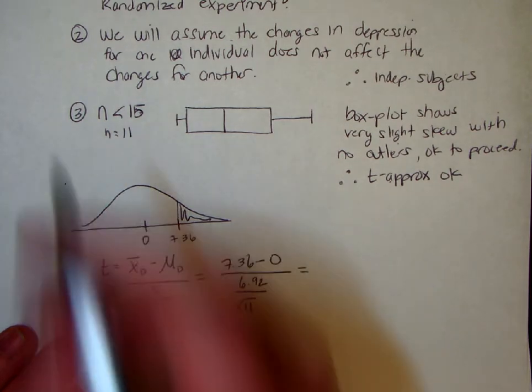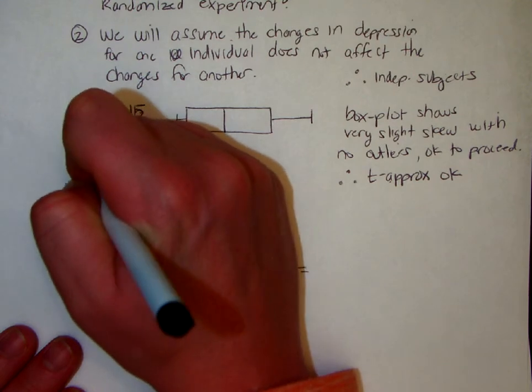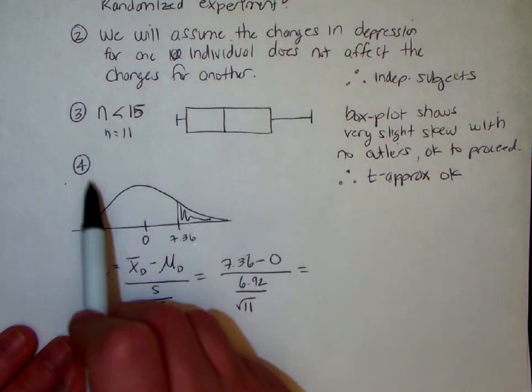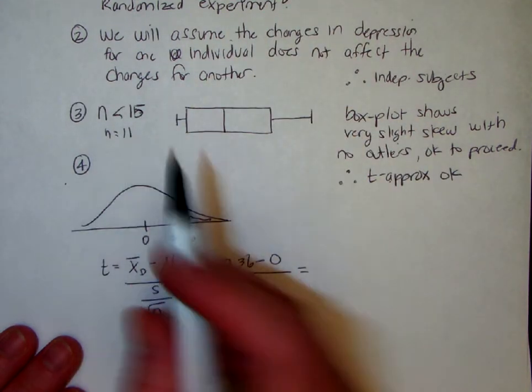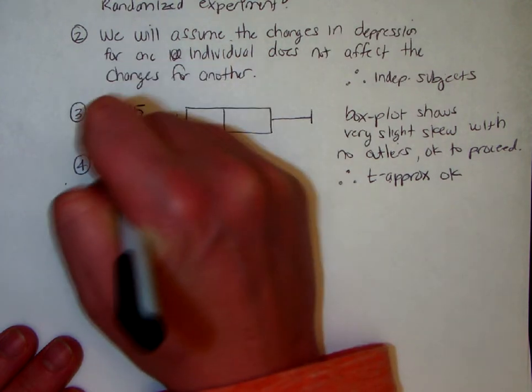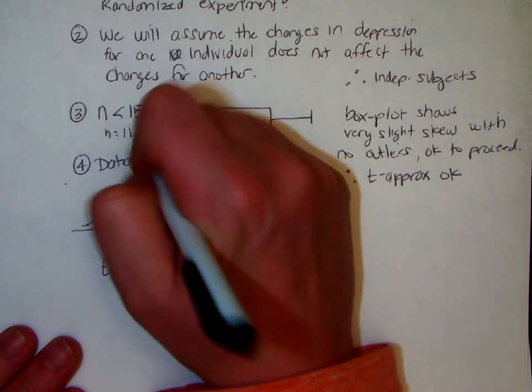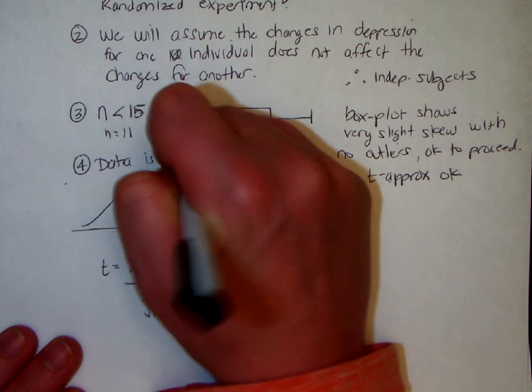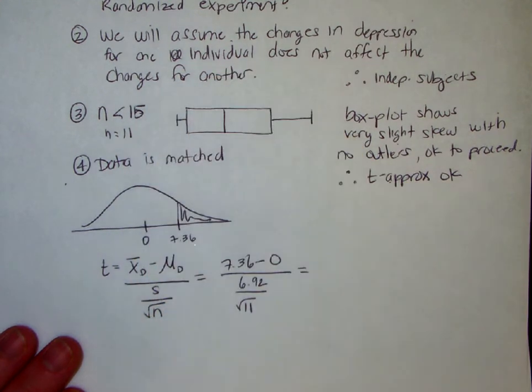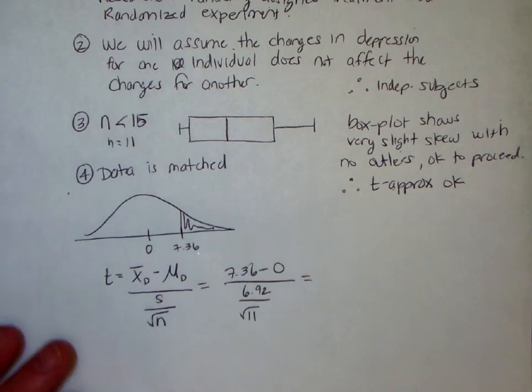Oh, I forgot what I usually do. I usually add a fourth condition here for matched pairs where I just say the data is matched, or say something about paired data, as sometimes you'll see that.